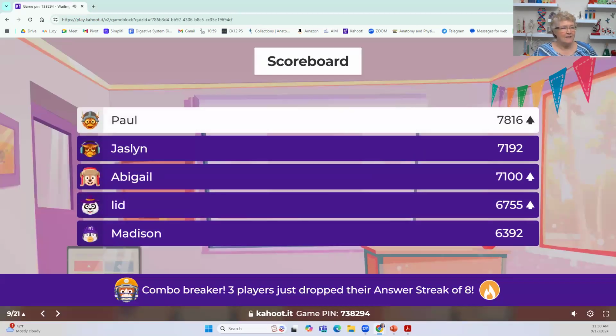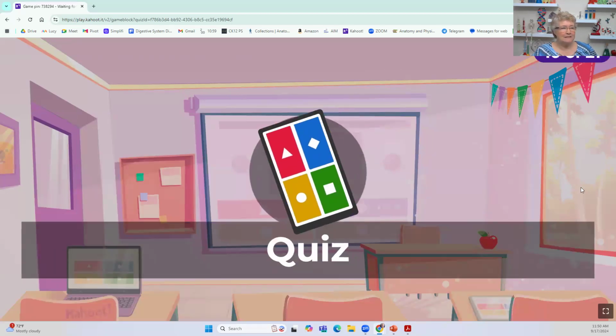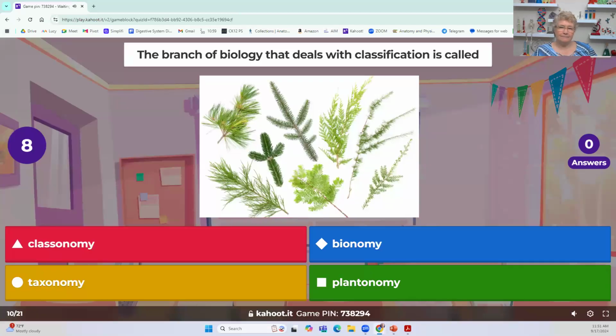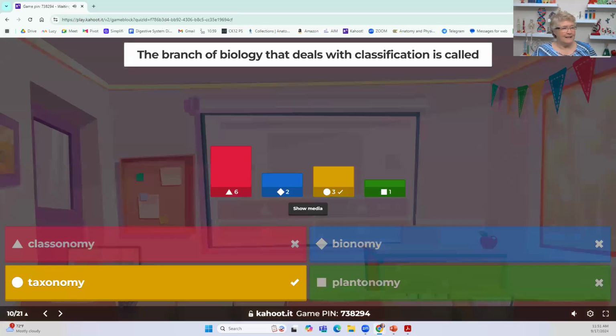Paul moves into the lead, followed by Jaslyn and Abigail. What do we call the branch of biology that deals with classification? It is called taxonomy. Taxonomy.